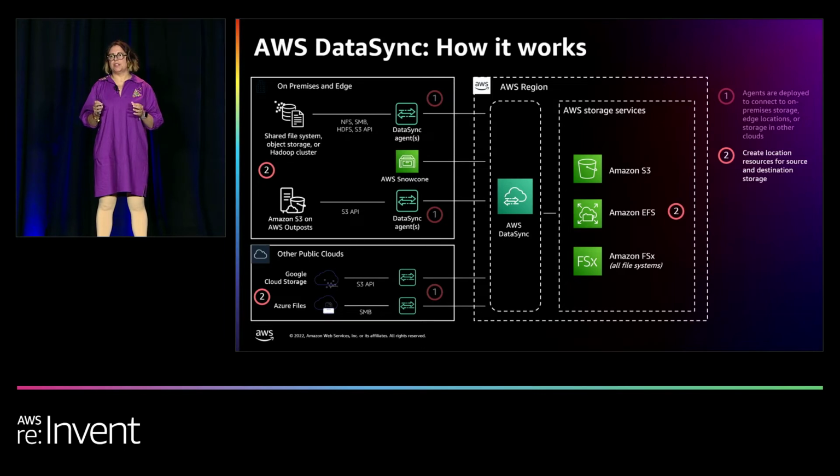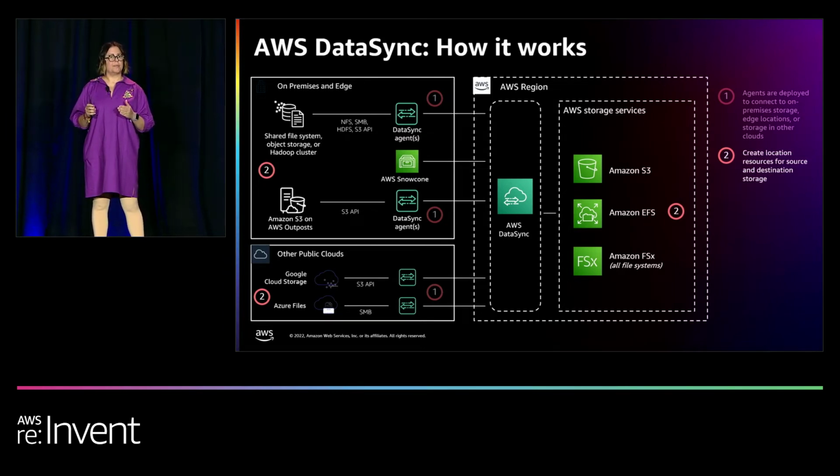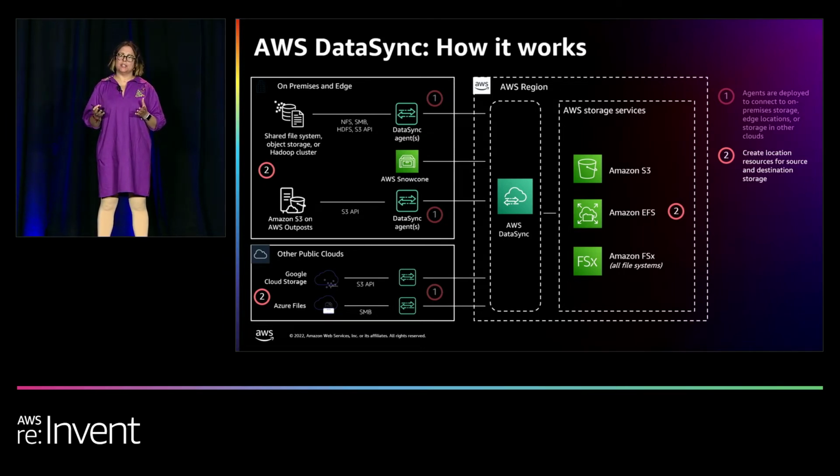This concept of location is used by DataSync to move the data from the source to the destination. A location in DataSync could be either one of your on-premises storage systems, for example, an NFS file server, or it could be one of the AWS storage services that we provide, like, for example, an Amazon S3 bucket.